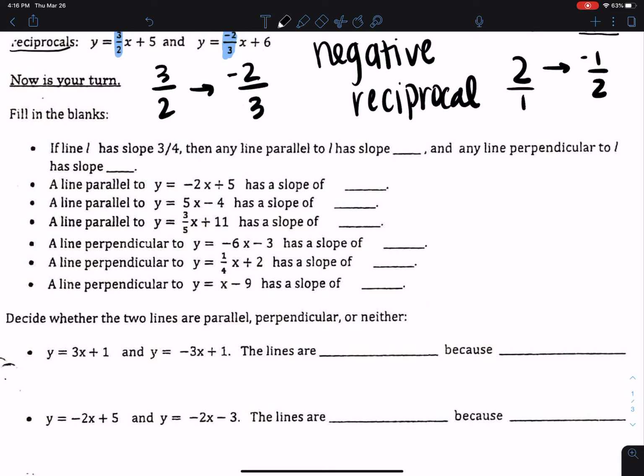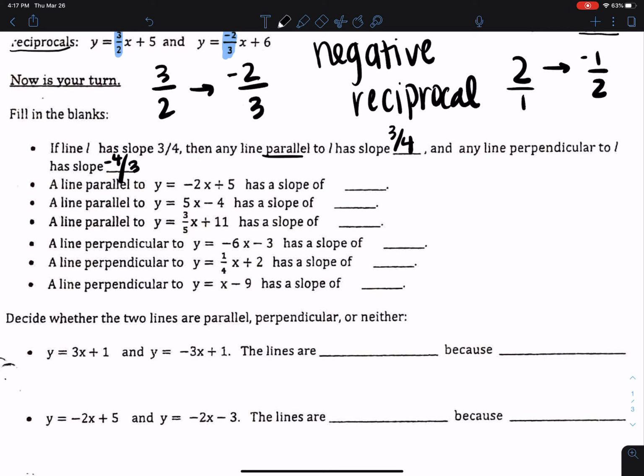This says if line L has a slope of 3/4, then any line parallel to line L has a slope of 3/4, because if it's parallel, the slopes are the same. And then perpendicular would be negative 4/3, because you flip it over and you make it negative.